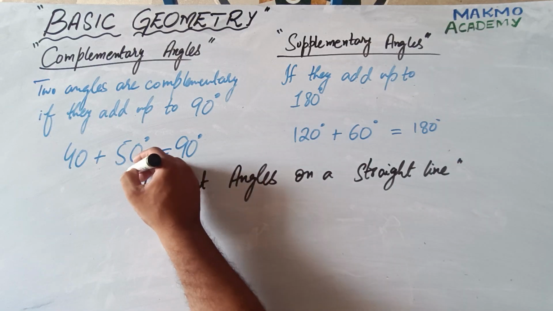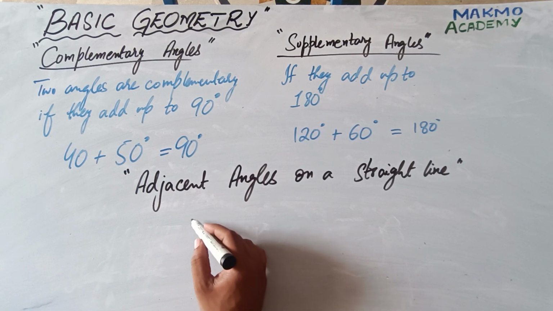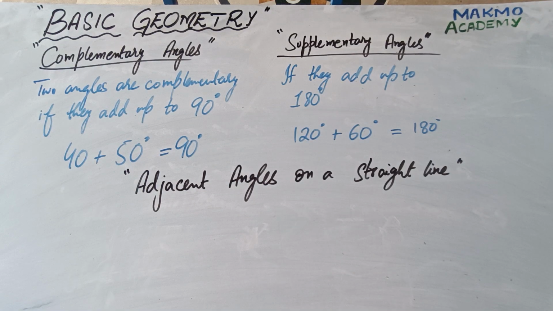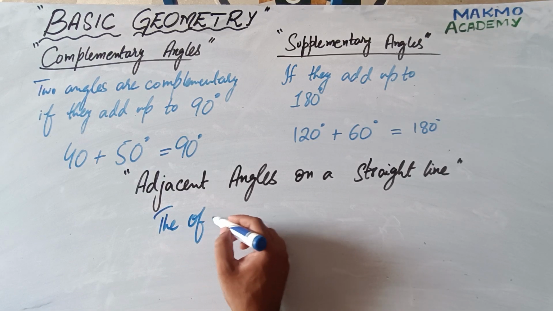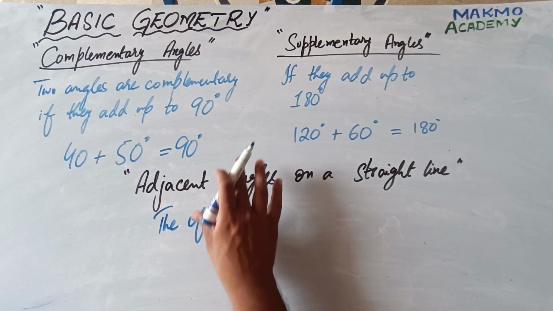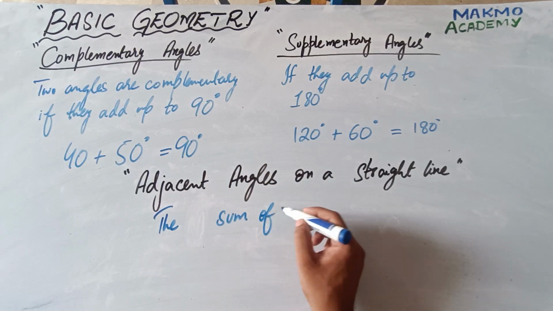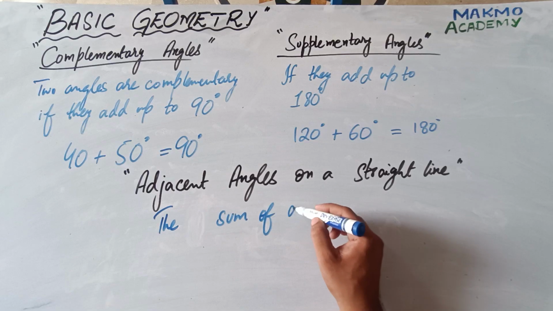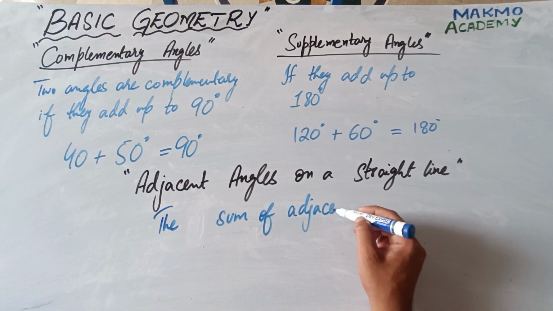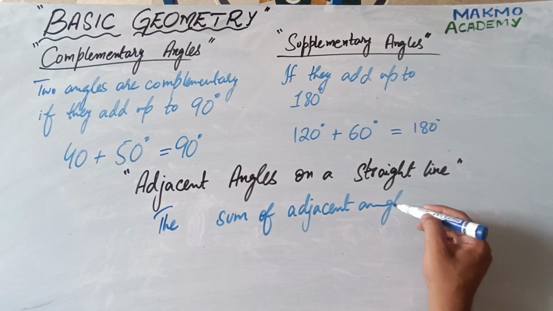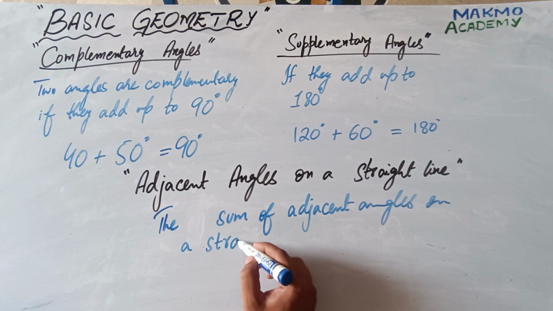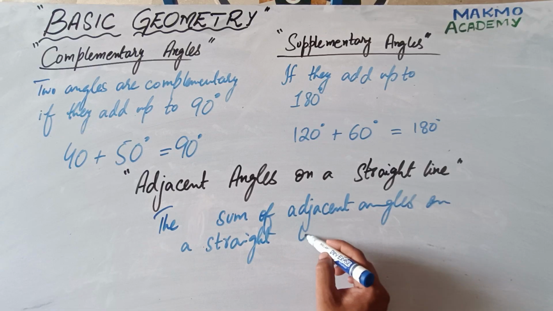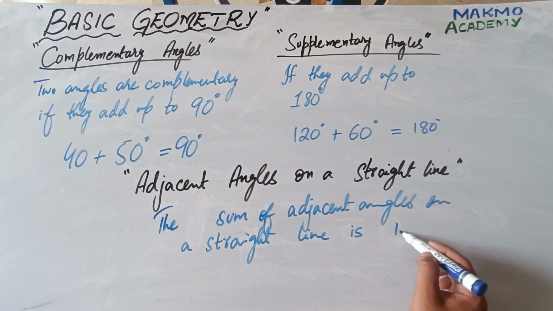The sum of adjacent angles on a straight line is equal to 180 degrees.